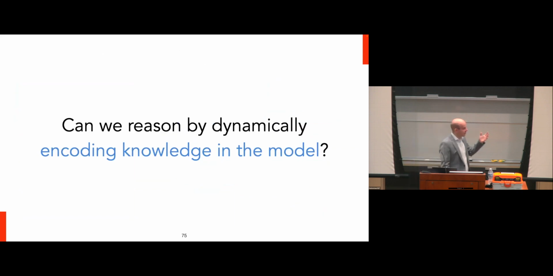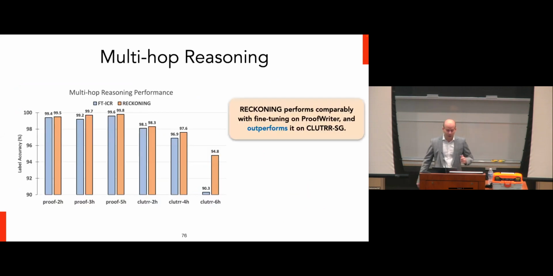So the first question we asked is, using this method, can we actually reason by dynamically encoding knowledge into the model? And the answer here is yes. When we compare it to an in-context reasoning baseline using GPT-2, what we see is that generally we get the same performance using RECKONING compared to using an in-context reasoning baseline. So even though we no longer have access to the knowledge once we ask the question, it has been encoded successfully into the parameters of the system such that it can answer that question in a closed book way.